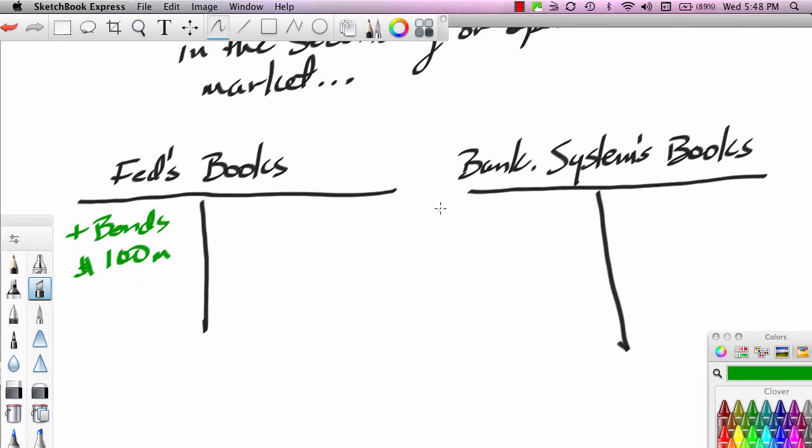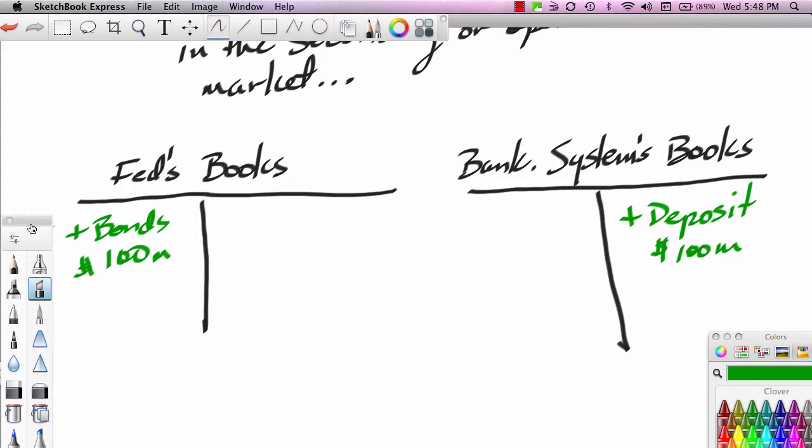The Fed goes ahead and pays the bond sellers, and those bond sellers now have a deposit that they didn't have before. So whoever sold those $100 million in bonds to the Fed now has $100 million in their account. Now here is the very interesting point. This deposit was essentially created out of thin air.